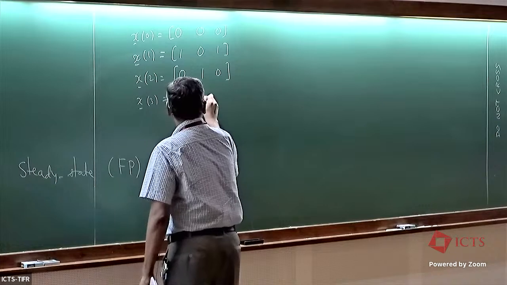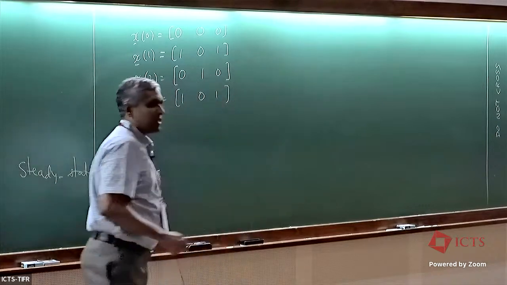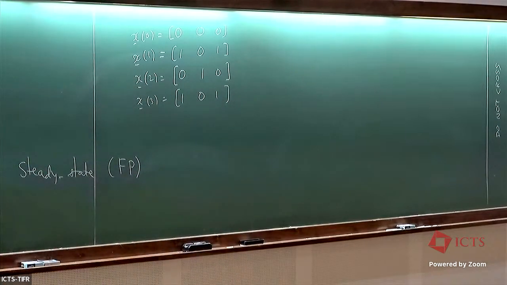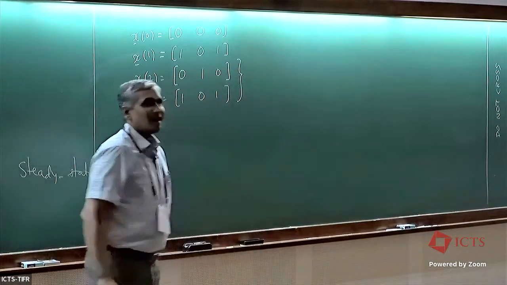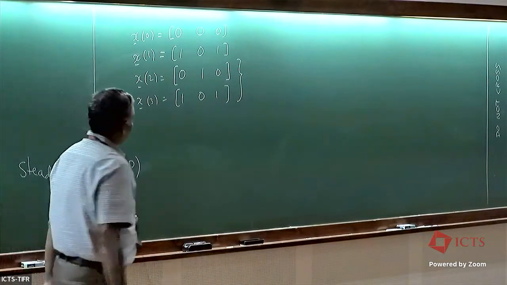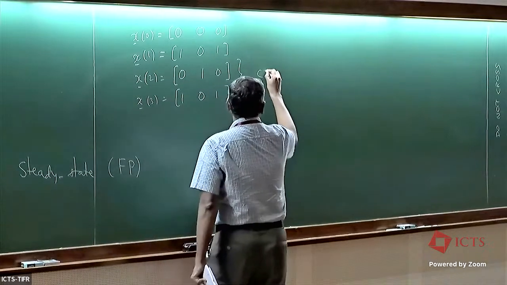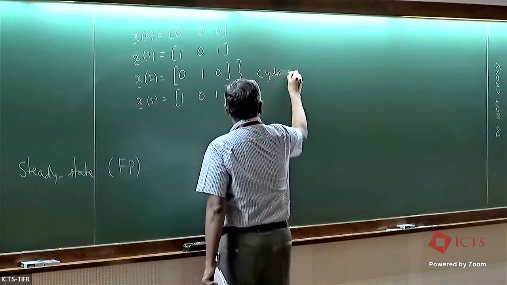It will be 1, 0, 1. So now you can see that any number of times you update, you're essentially going to keep repeating between these two states. These two states will start appearing in a cyclic manner, and such a state is called a cyclic attractor.